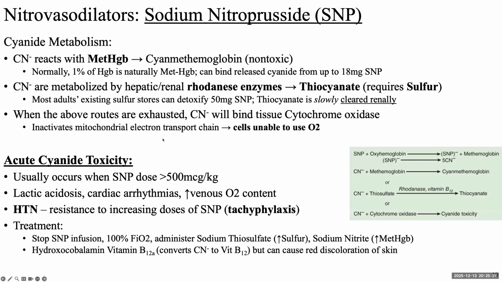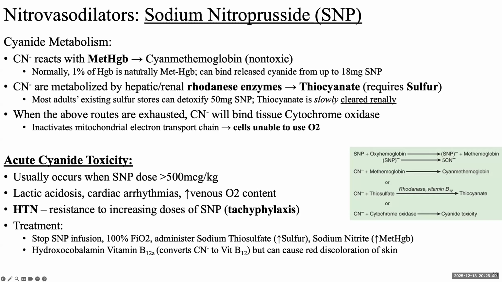Going into the cyanide metabolism, what normally occurs in the body is we have a few different pathways. Cyanide will react with methemoglobin to create cyanmethemoglobin, and this compound is non-toxic.